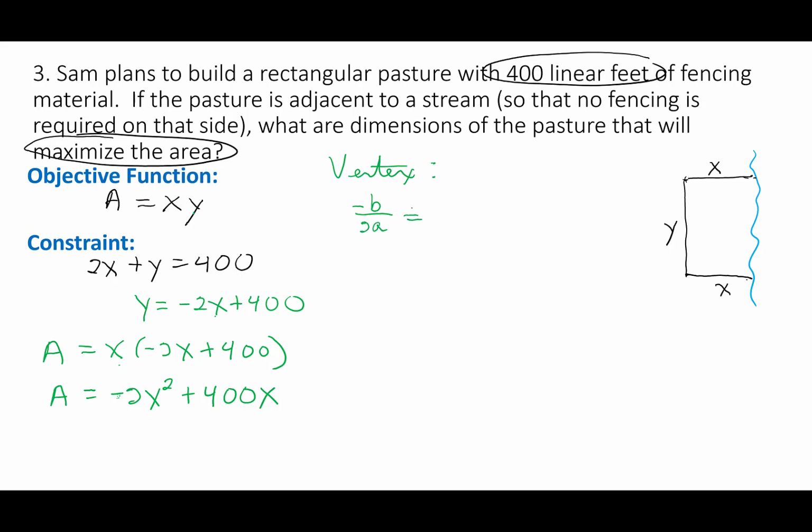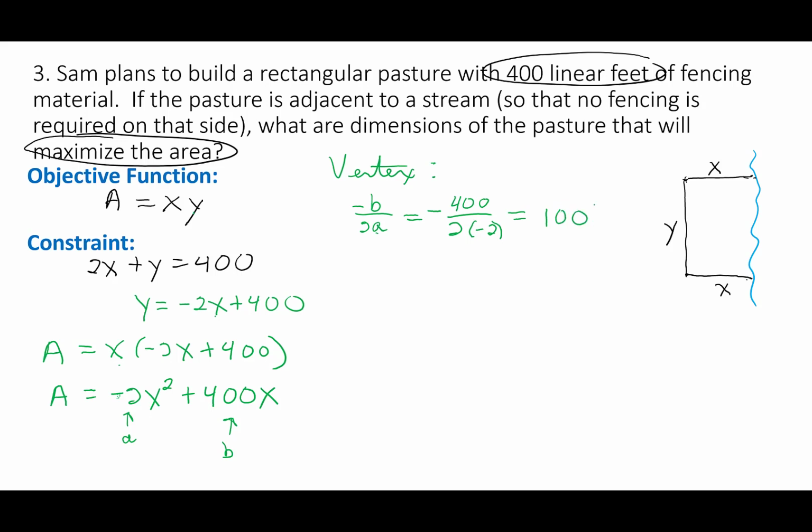For this function, I have a big A and a little a here. My little a is going to be the negative 2. My little b is going to be the 400. So to find negative b over 2 times little a, I'm going to take negative 400 over 2 times negative 2, and so that would give me 400 divided by 4, or 100.